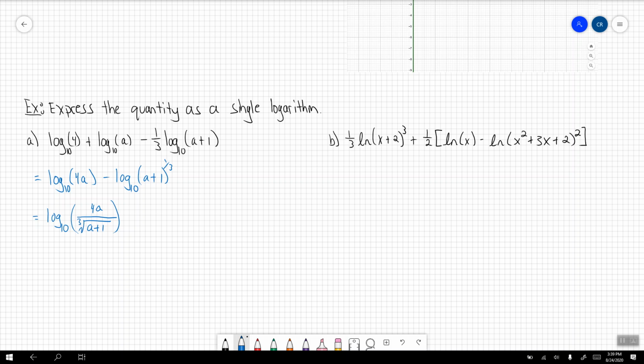Now, some of you might be raising your hands if we were in class and asking, can we drop the number 10 from the logarithm as its base? My answer to that is yes, you can. You can write this answer as simply as logarithm of 4a divided by the cube root of a plus 1.